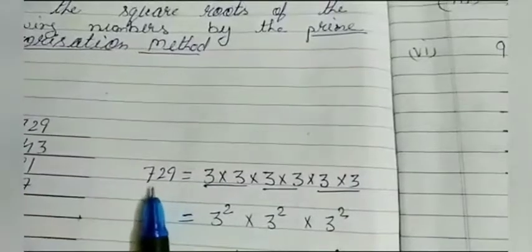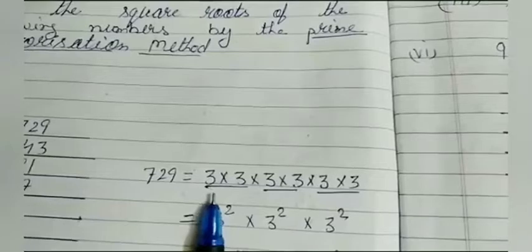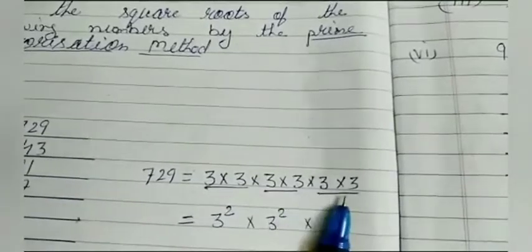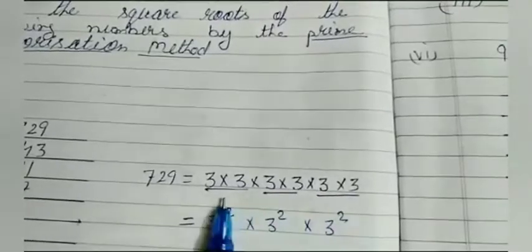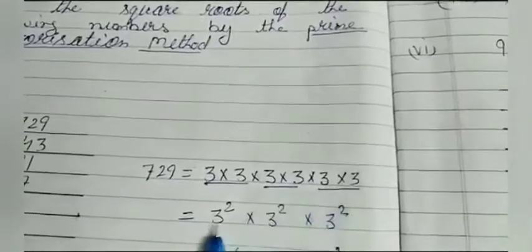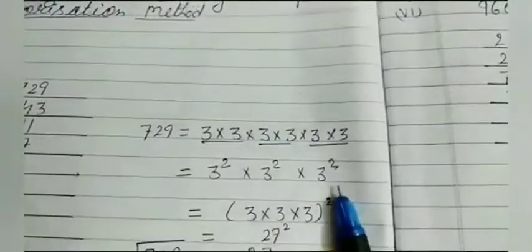Look here. The factors of 729 are 3 multiply 3 multiply 3 multiply 3 multiply 3 and multiply 3. We will make pairs: first pair, second pair and third pair. We write 3 square multiply 3 square multiply 3 square.